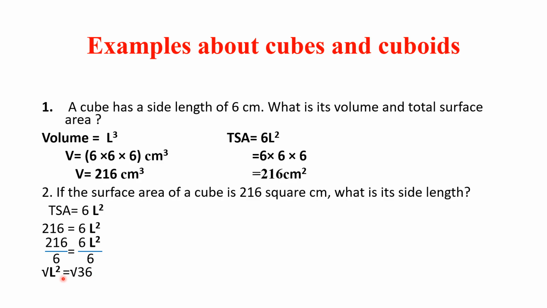Now if you want to make L the subject of the formula, friends, if you see L power 2, a variable with the power 2, what you need to do is to introduce the square root symbol on both sides. The square root of L squared is L, and the square root of 36 is 6. So we conclude by saying that our L is equal to 6 centimeters.